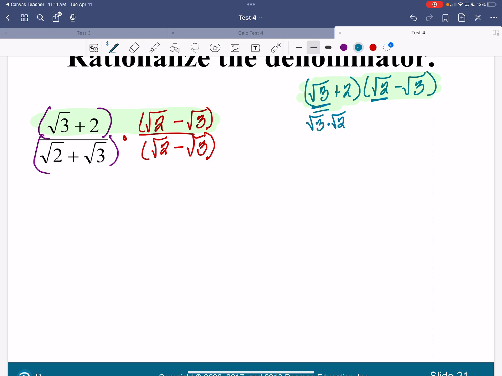Then I've got the square root of 3 times negative square root of 3. Okay. Then I have 2 times the square root of 2. And then I have 2 times negative square root of 3.